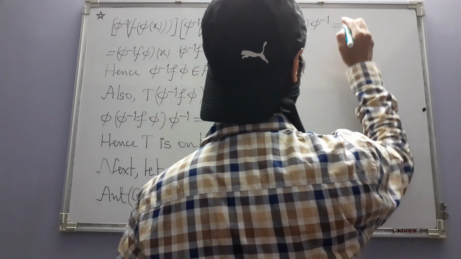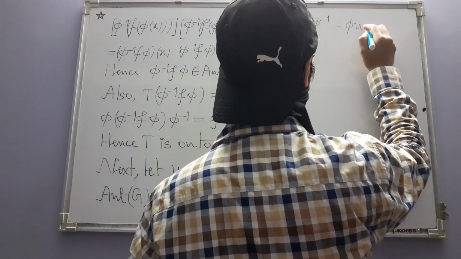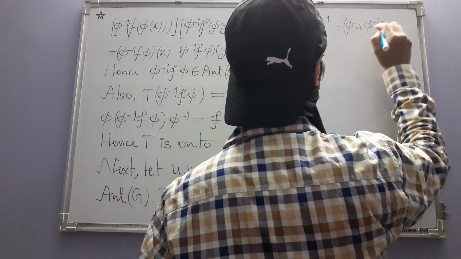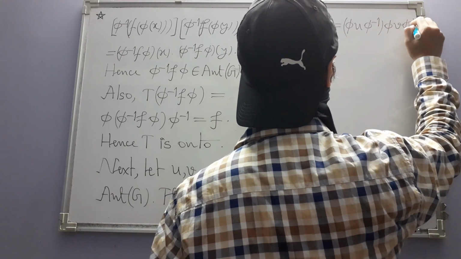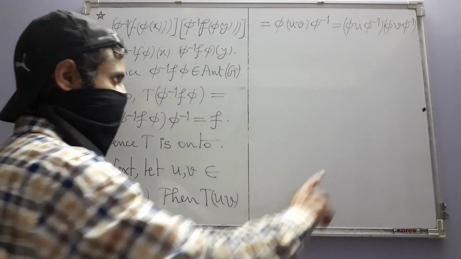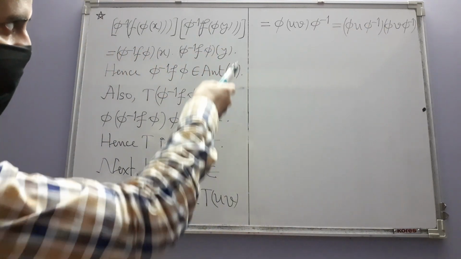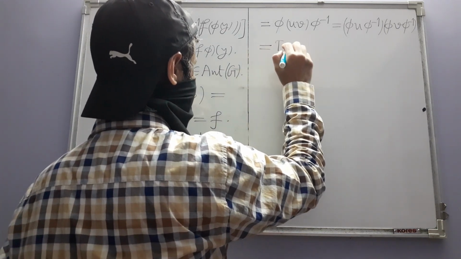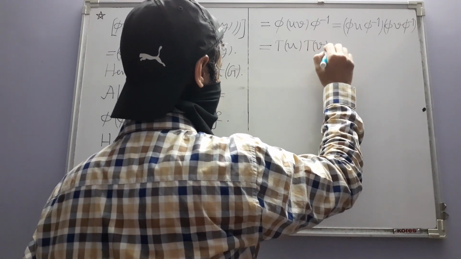But you can almost guess what we should write next, given that you already know something about inner automorphisms. The middle phi inverse and phi cancel out, and we are left with just that. So that means this is nothing but T of u times T of v.